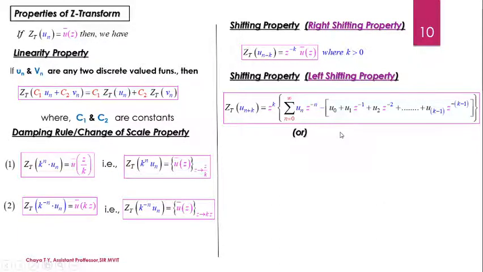So in the same expression, when I observe the RHS, I have a sequence represented for the second term. Instead of writing the sequence, I can write it in the form of a summation. Observe the second term here. I have u0 plus u1 plus u2 plus etc., which can be represented as u suffix r, and the first term's coefficient is z to the power 0. The second term's coefficient is z to the power minus 1 plus etc., which can be written as z to the power minus r. And the summation is for r varying from 0 to k minus 1.